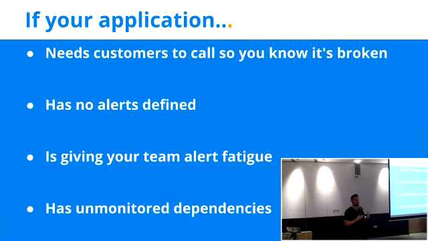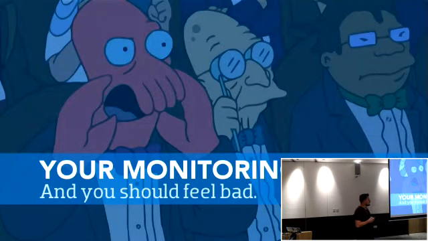If you have so many alerts defined that you get alerts popping up and you say, well, that always happens every Tuesday, so forget about it, doesn't matter. Or you have dependencies of your applications that are unmonitored. So you might be dependent on a database server or a web server, and you're not monitoring those from your application. Then your monitoring is bad, and you should feel bad about it.